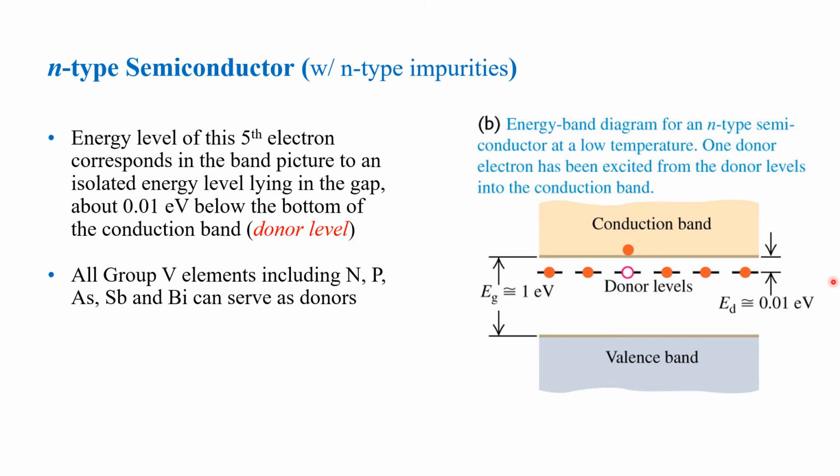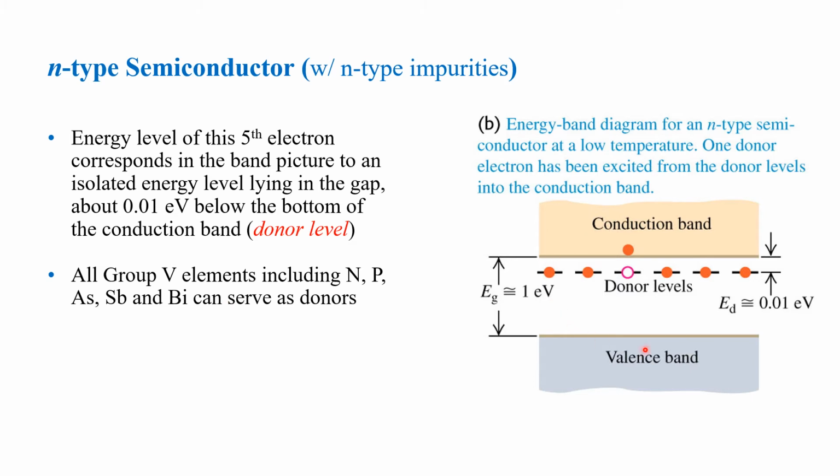So you have this one here, which is about 0.01 electron volt below the bottom of the conduction band, or the donor level. All group 5 elements, including your N, your AS, your antimony, and bismuth, can serve as donors in your semiconductor to make it an N-type semiconductor.